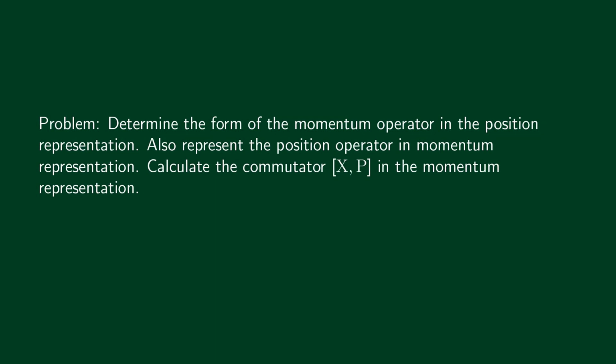The first part asks us to determine the form of the momentum operator in the position representation. Now, the approach in our textbook says that we have to define the momentum operator as the generator of translations. So the definition that we are taking is that it has to be a generator of translations.